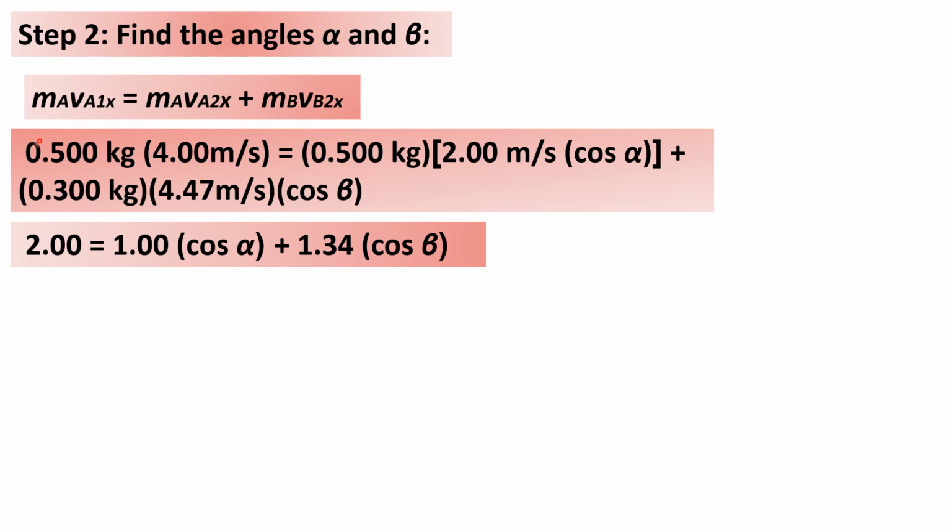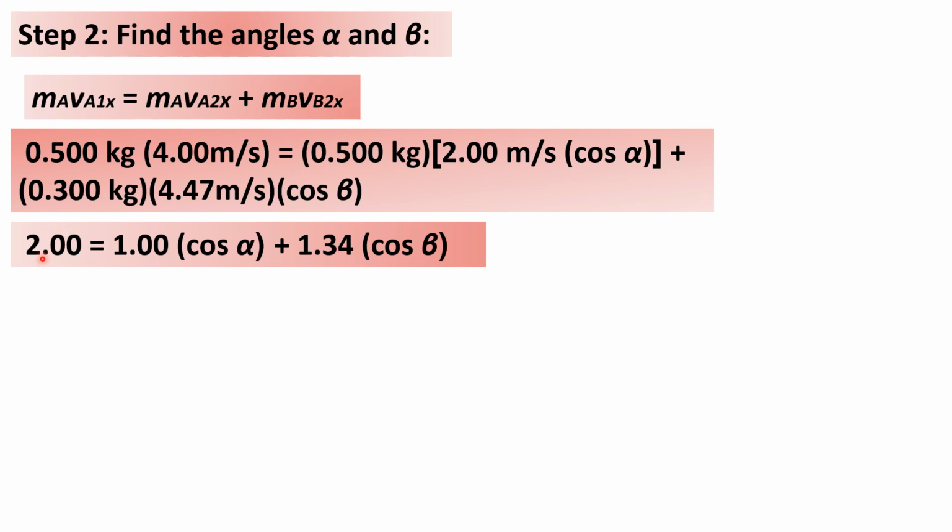Simplifying this rather long equation, and for simplicity, I do away with the units to make it look simpler. So what I have here is the product of 0.5 kilogram by the speed 4.00 meters per second, that's already expressed as 2.00, and so on and so forth until I got this simplified equation.